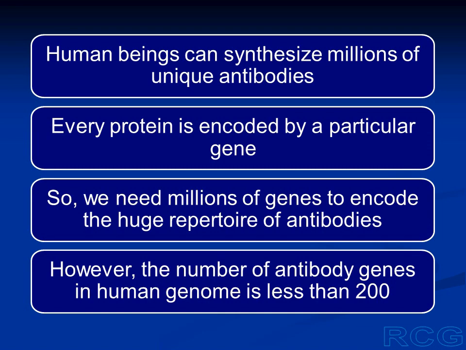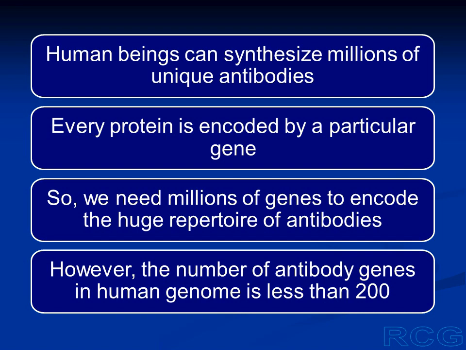If we can synthesize millions of different antibodies which have unique antigen recognition sites, this means that there must be a gene for every individual antibody. So to synthesize millions of unique antibodies, we need millions of different genes.